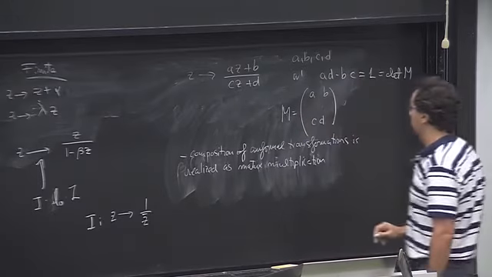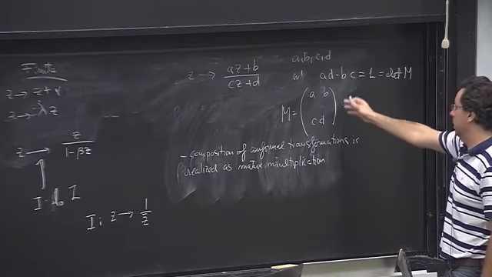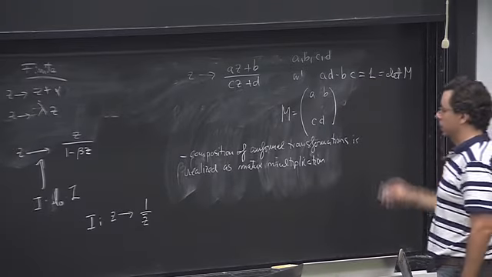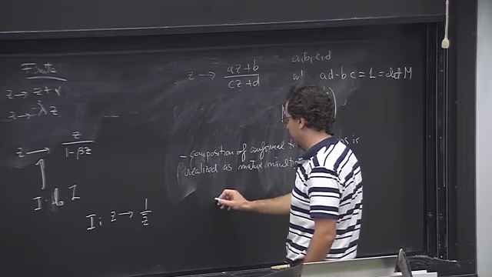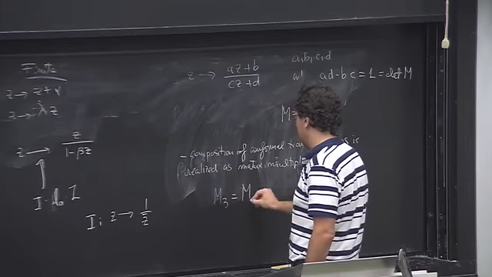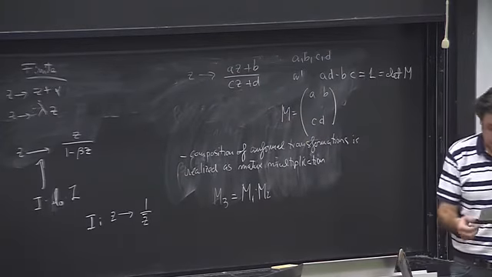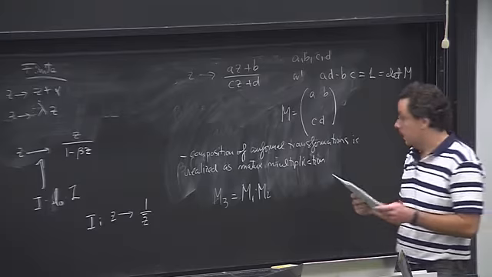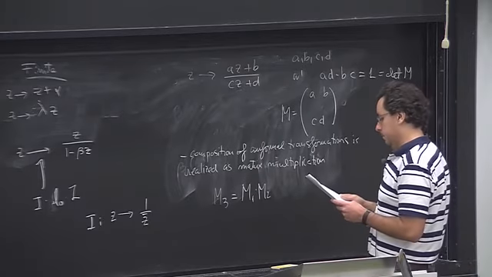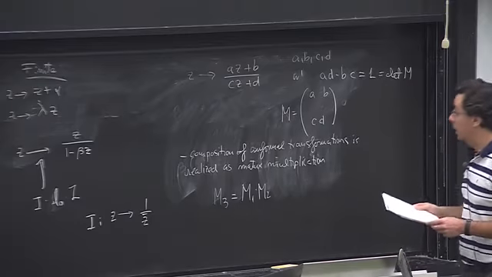So if I make one transformation with parameters A1 to D1 and another with A2 to D2, you will get the same transformation as M3 equals M1 multiplying M2, plugging in the corresponding numbers here, okay? So just matrix multiplication.